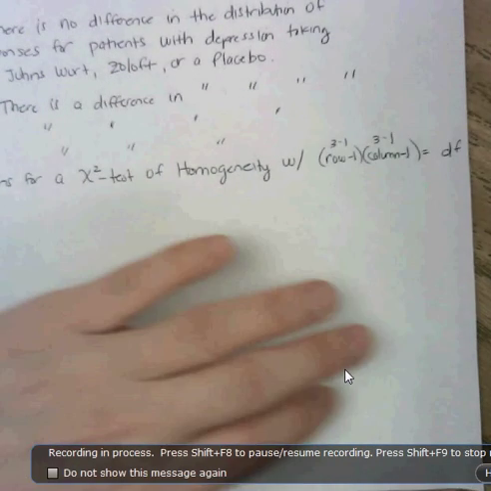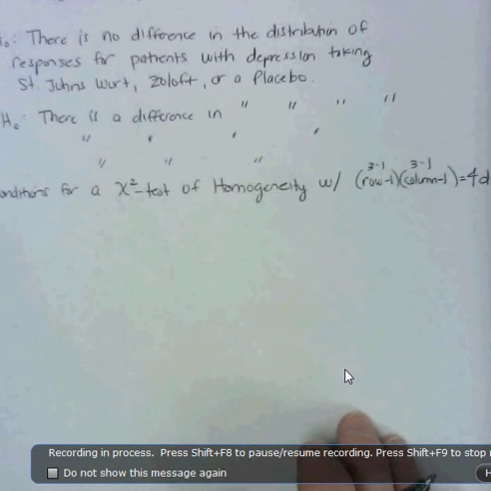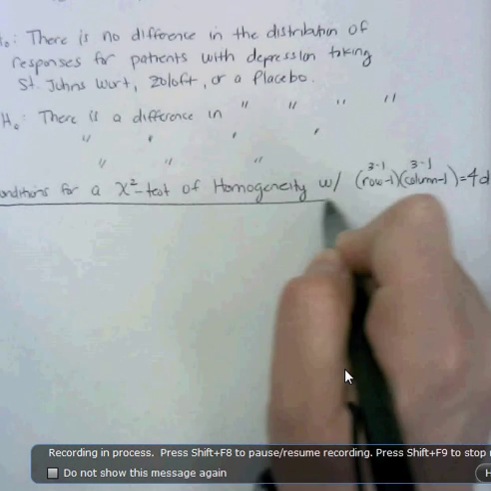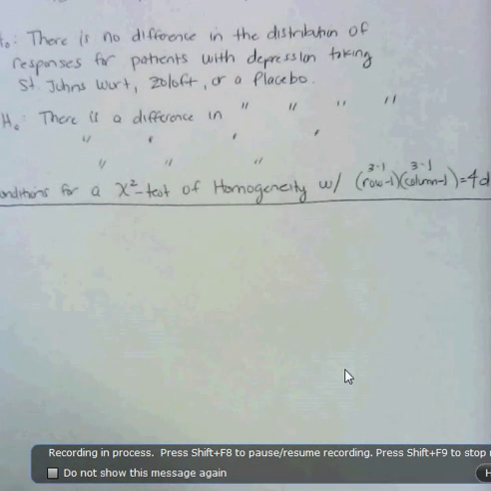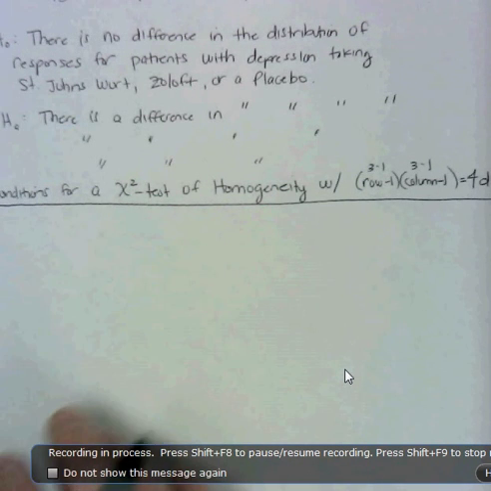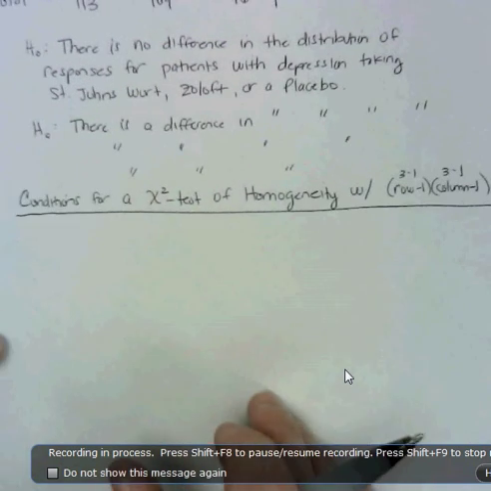So it looks like we're looking at 4 degrees of freedom for our conditions. Okay, so remember, with a goodness of fit test it's categories minus 1, but for these two tests, homogeneity and independence, which look extremely similar, you're going to be doing row minus 1 times column minus 1. So 2 times 2 makes 4.